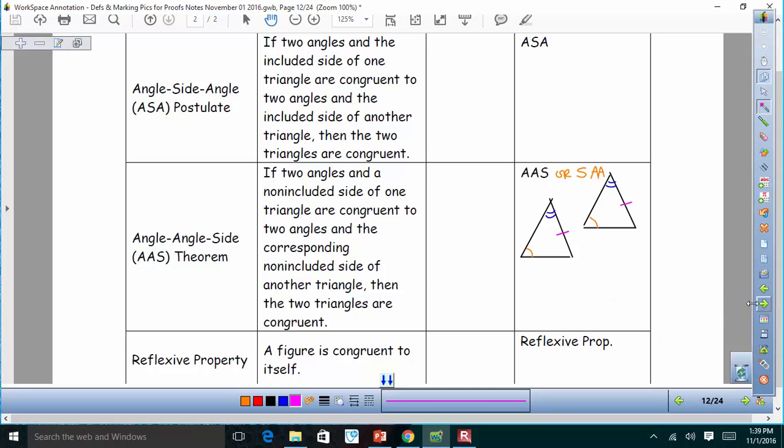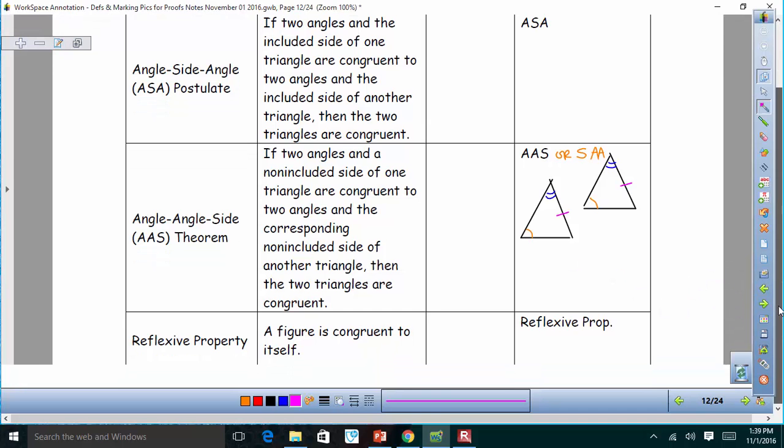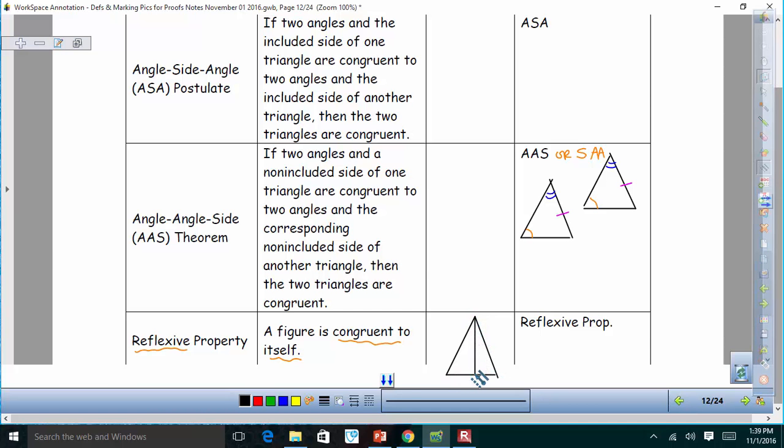Okay? And then reflexive property is what I just showed you when we did HL. Reflexive property, and some people remember this by thinking of it as reflective. If you look in the mirror, what do you see? Yourself. The exact same thing. So the reflexive property tells us that whatever it is, it's congruent to itself. So in the example we saw earlier, there was one big triangle that was split down the middle by a line.